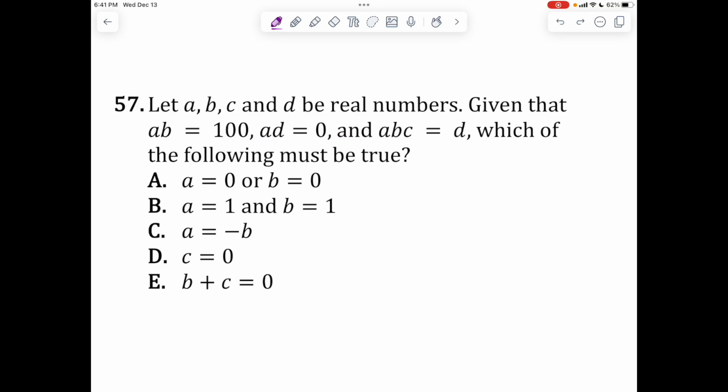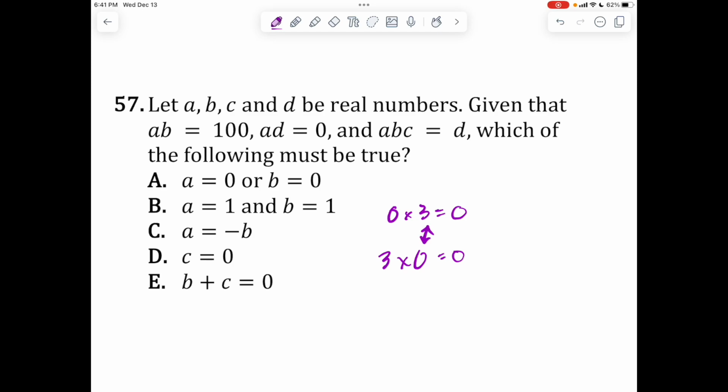If I tell you I multiply 2 numbers together and it equals 0, that means that at least one of them is equal to 0. I can't get 0 any way through multiplication other than by multiplying something by 0 or multiplying 0 by something, right? I can't get 3 times 2 equals 0. There's no 2 numbers that'll give me 0 when I multiply them together unless it's 0 times 3 equals 0 or 3 times 0 equals 0, which is really the same thing.